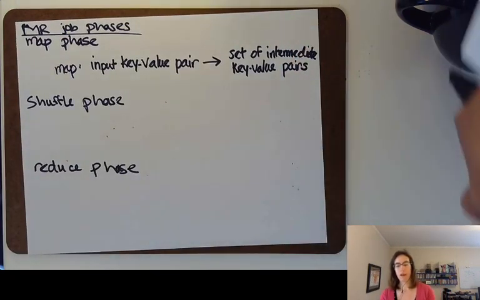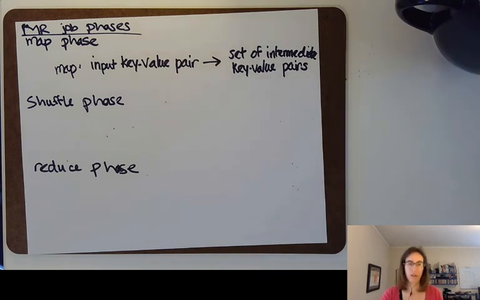What happens after the map phase? The shuffle phase. What's the shuffle phase? What happens there?